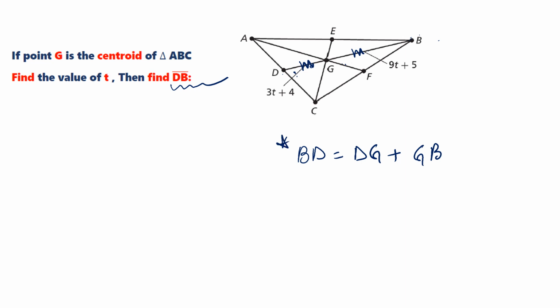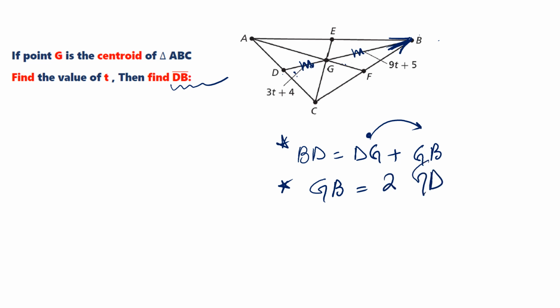I solved one problem. But what is the second problem? That I have to establish a relation between the GB and DG. Now which line is 2 times the other line? The line coming from the vertex, it means GB is 2 times GD.